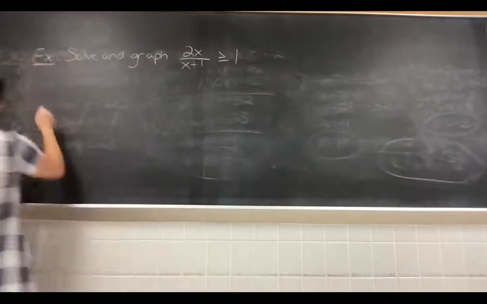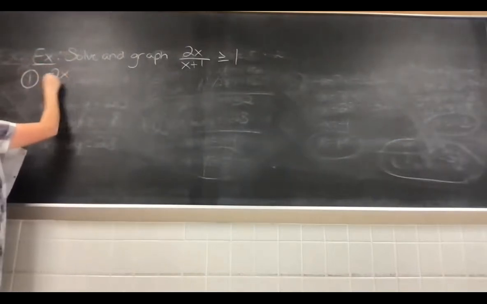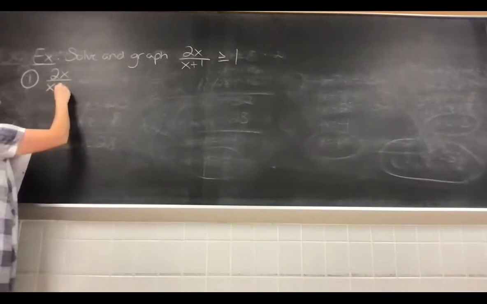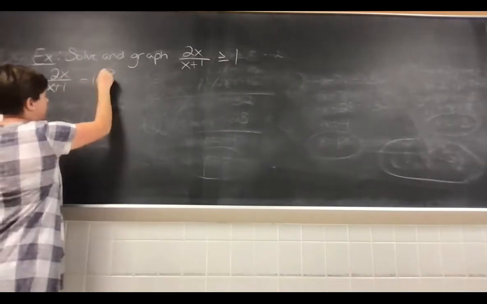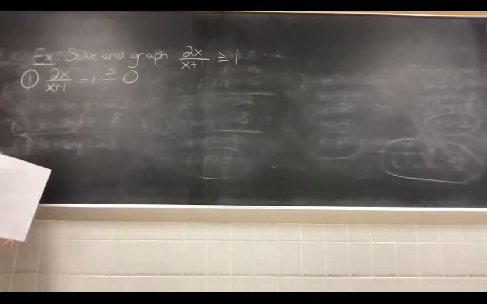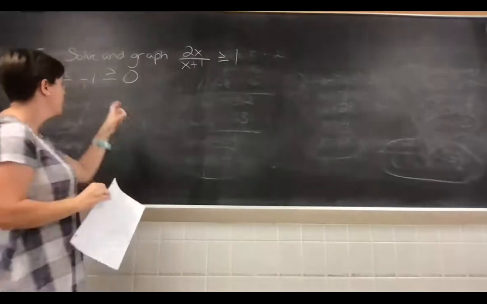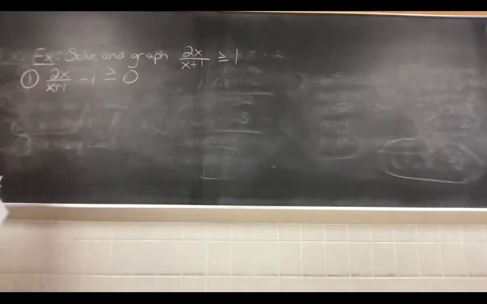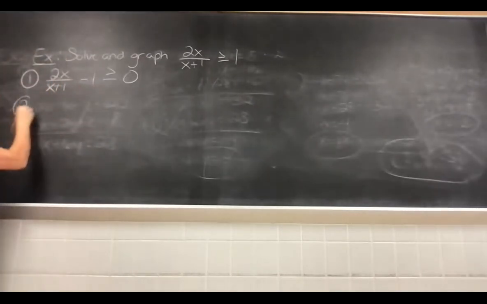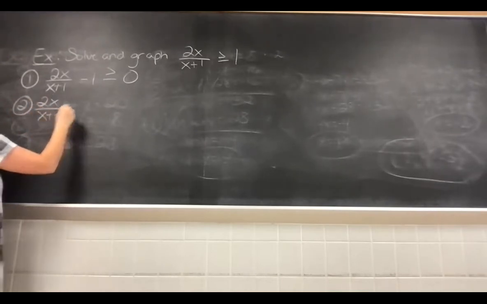So step 1, get everything over to one side. 2x over x plus 1, let's track that 1 over, is greater than or equal to 0. Now I have to get the one quotient, the one rational, and I do that by getting a common denominator. The common denominator would be x plus 1.